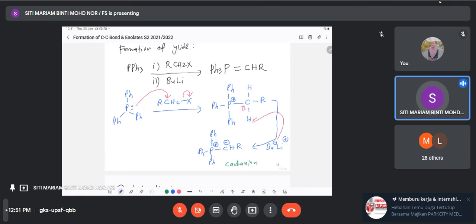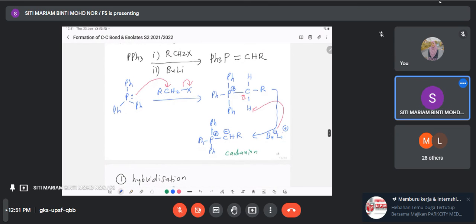Actually, this carbanion carbon can donate electrons to neutralize the positive charge on phosphorus, so you can get an equivalent structure, PPh3 double bond CHR.